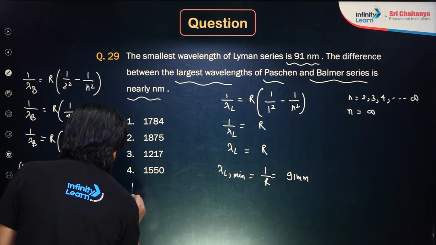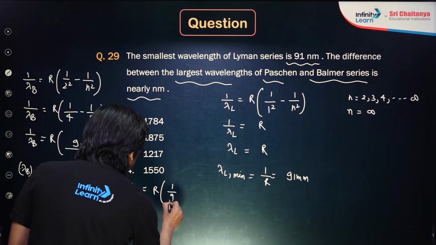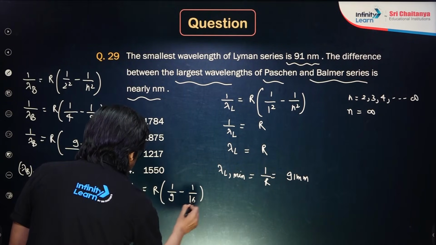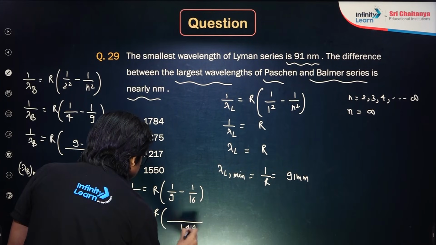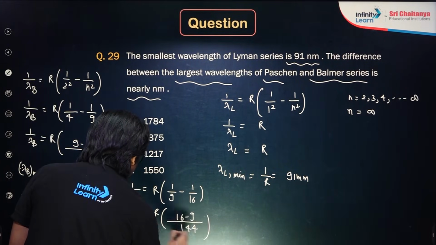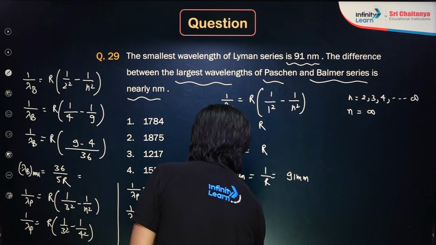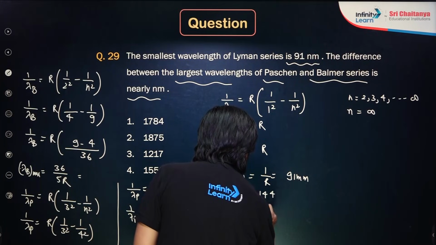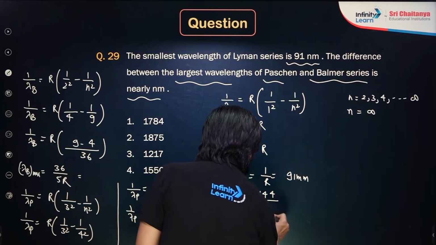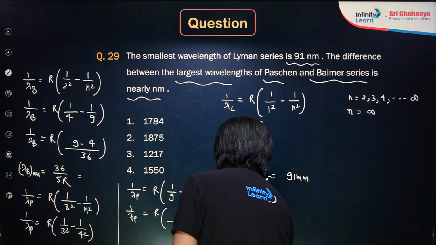Now 1 by lambda P is equal to R into 1 by 9 minus 1 by 16. Taking 144 as the LCM, 16 minus 9, it is equal to 1 by lambda P. So lambda P is equal to 144 divided by 7R. That is the maximum wavelength in Pascal.